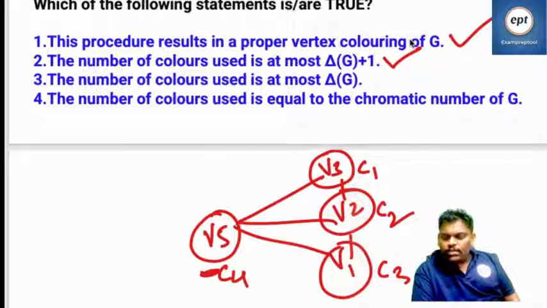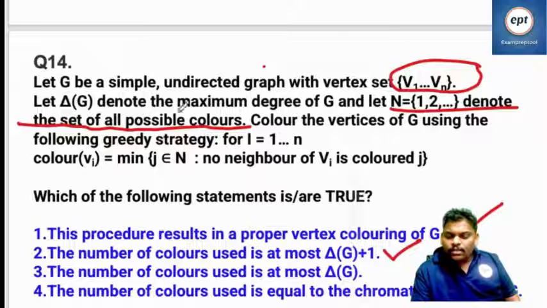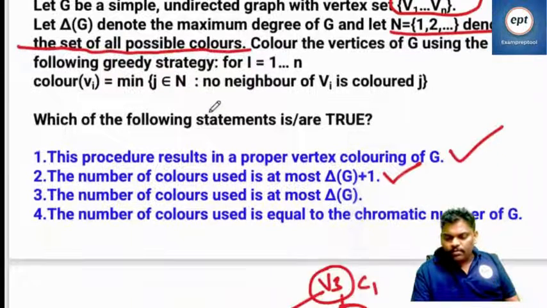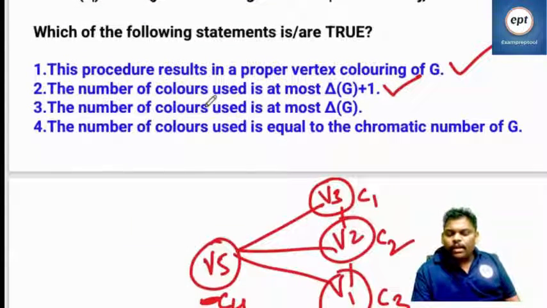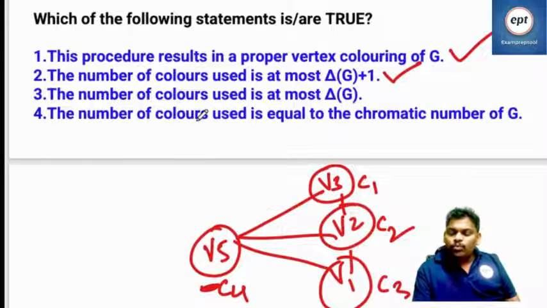What is the delta G? Delta G denotes the maximum degree of G. Right? So he is saying that the number of colors used is at most delta G plus 1. Next one. The number of colors used is at most delta G.